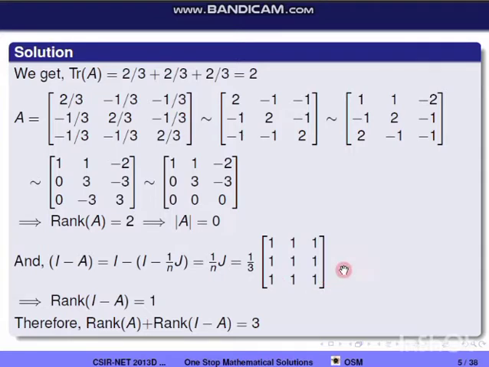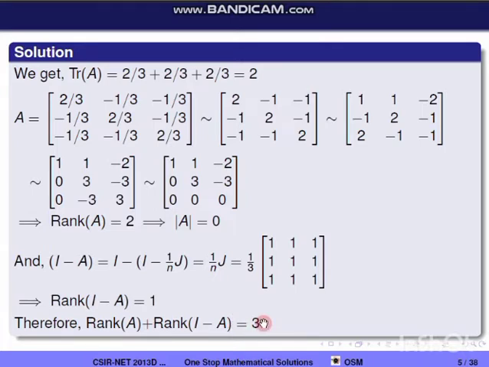Here there is only one linearly independent row. So rank of I minus A is equal to 1. Therefore, rank of A plus rank of I minus A is equal to 2 plus 1, that is equal to 3. For the case 3, we are getting rank of A plus rank of I minus A is equal to 3. Therefore, for the general case n, the rank of A plus rank of I minus A will be n.